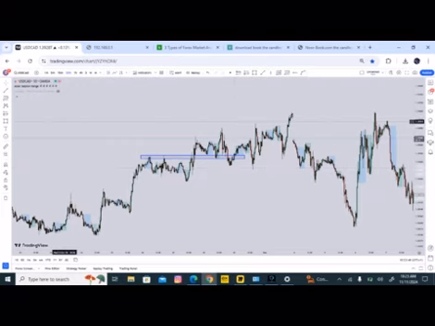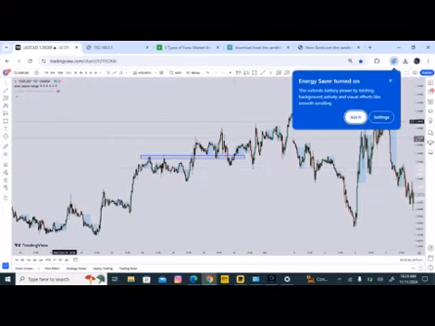What is support? What is resistance? Resistance is the one above, right? It's just like a ceiling. If you throw an object up to a ceiling, it's not going to pass through, because the ceiling is resisting it.